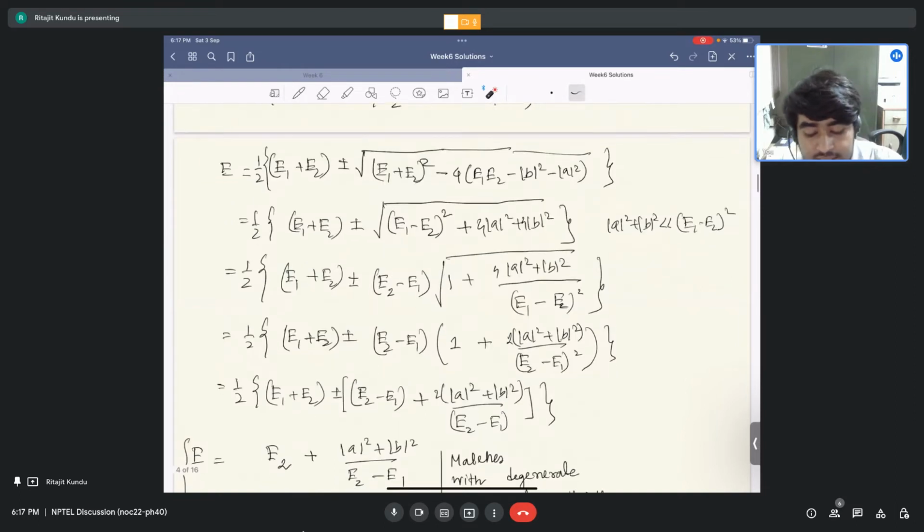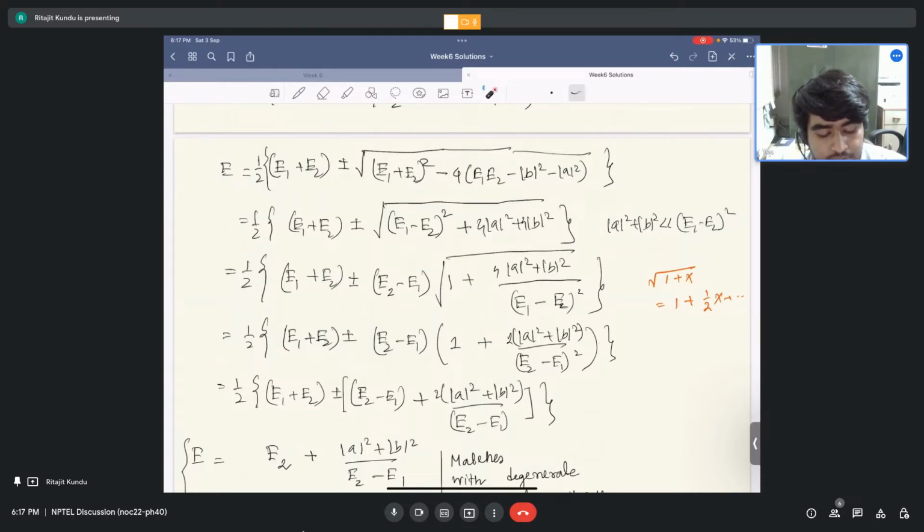The Taylor series for the square root, as you are aware, is 1 plus half x and so on and so forth. I just need the first order here, so I will not look into the higher orders.